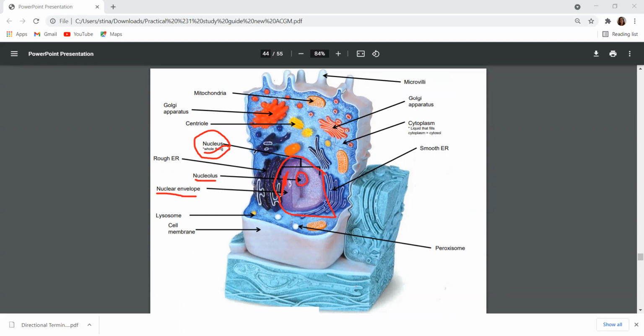Okay, so again, if I'm asking this on a practical, if I put a number here and I say, identify number 1, the entire structure would be a nucleus.